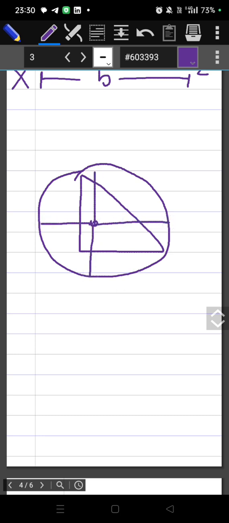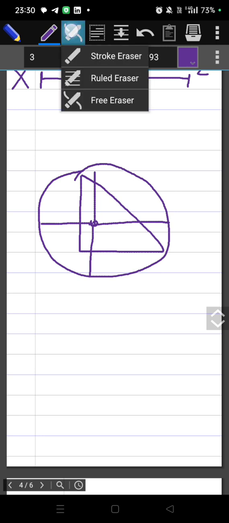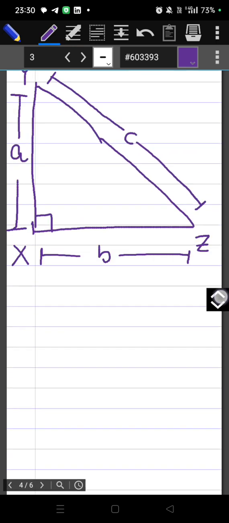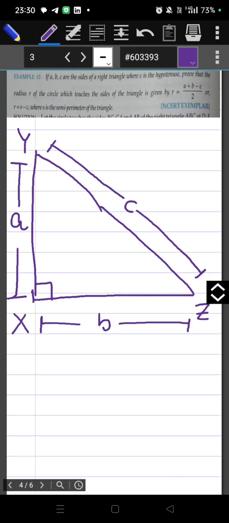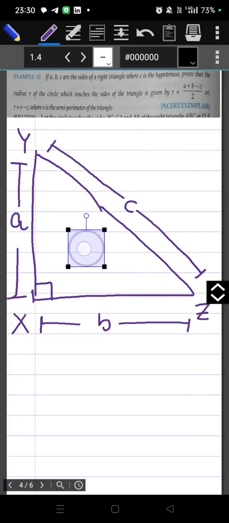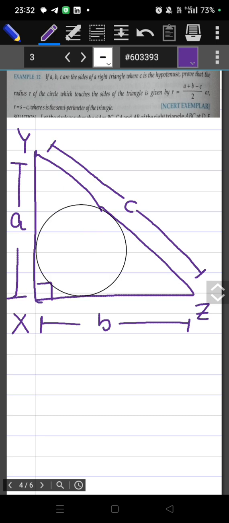So it is not possible, but in the question it has clearly mentioned that the radius only touches the circle. So it clearly justifies that the circle is inside the triangle. So let me draw one circle inside it. So this is the required circle which touches all the sides.